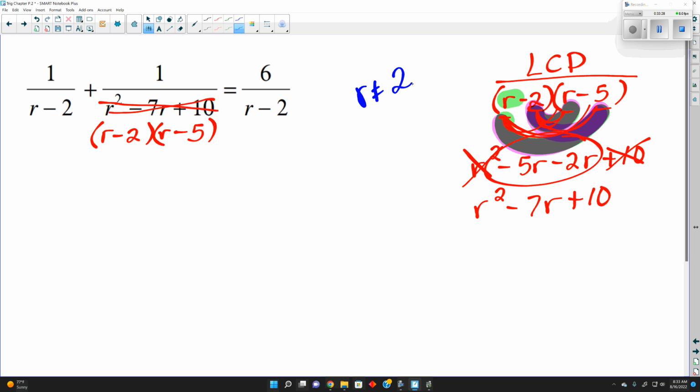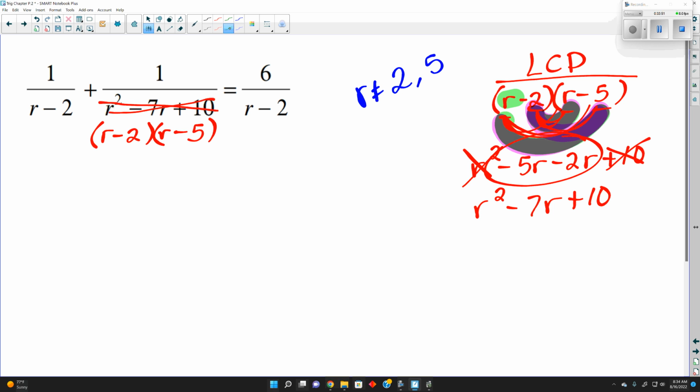Because 2 minus 2 would give us 0. We can't have it in the denominator. What other number can we not have? 5. Because 5 minus 5 would give us 0. So it doesn't work. So now we know if 2 or 5 shows up as an answer, they don't work.